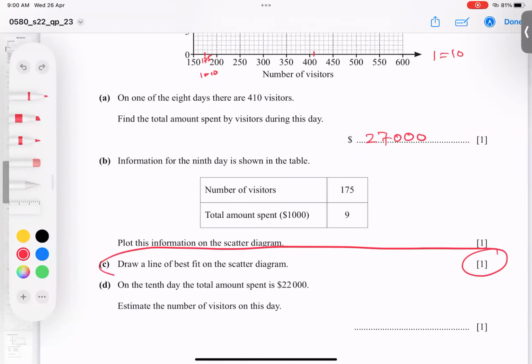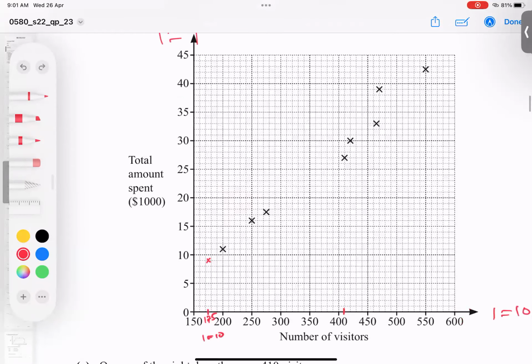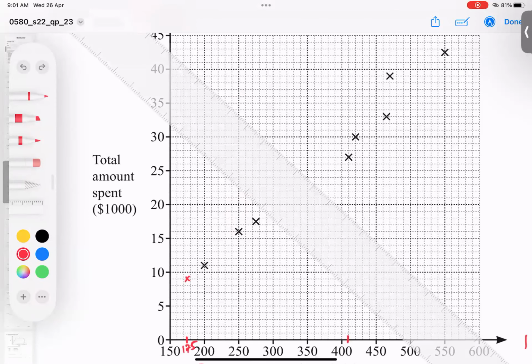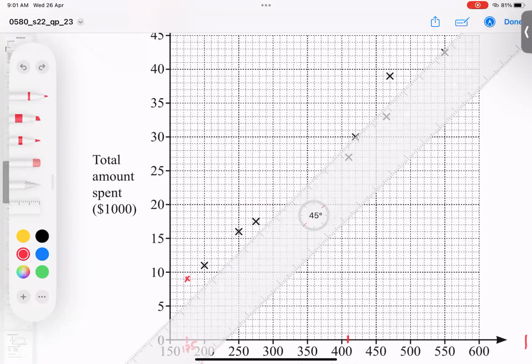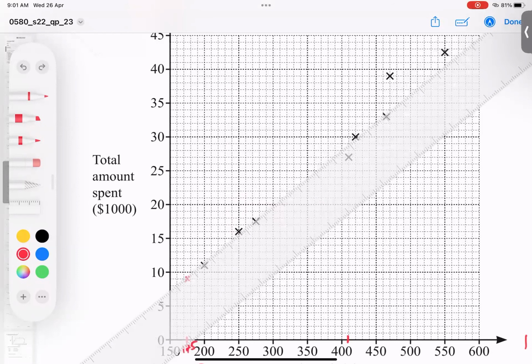Third mark, best fit line. So let's start the best fit line. What I taught as criteria, I will repeat again. I will draw a line in such a way that many points come on the line, and the number of points above the line is the same as below the line. I think so.